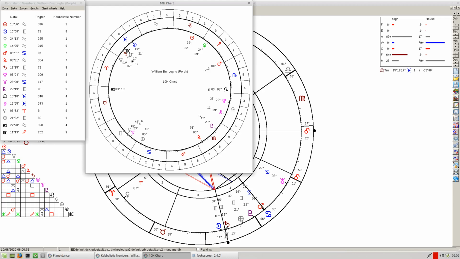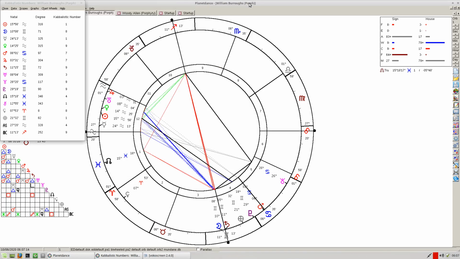So what this suggests is that from a numerological point of view, the planets Venus, Saturn, Neptune and Pluto are extremely important to Burroughs, particularly in terms of his career and status, with Saturn conjunct the MC in the 10th harmonic chart.